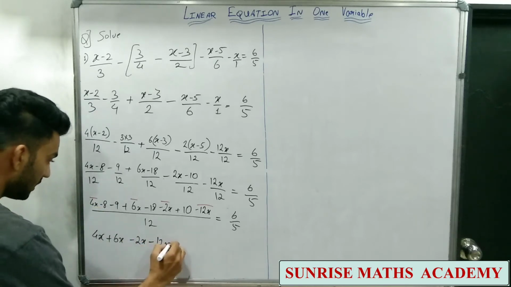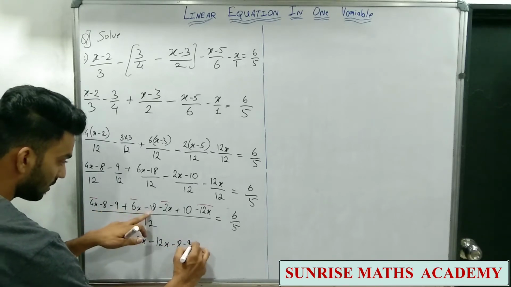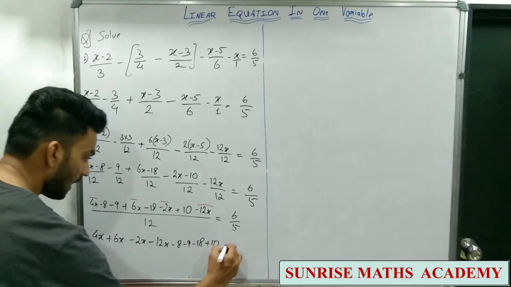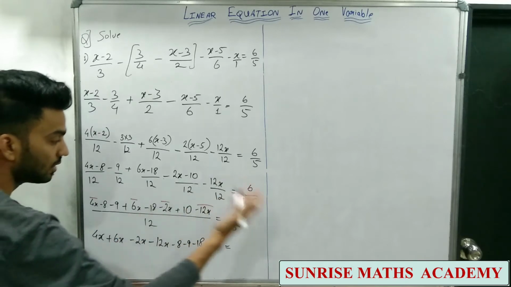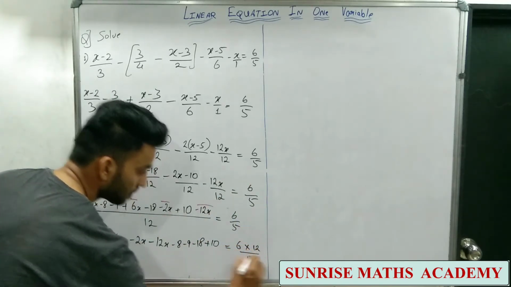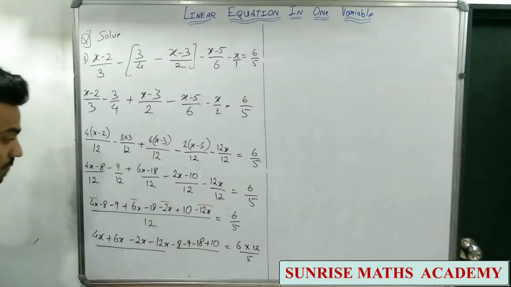Then the remaining numbers: minus 8, minus 9, minus 18, plus 10. And at the same time, 12 here is in division, so on the right hand side, it will multiply. Is this step clear to everyone?